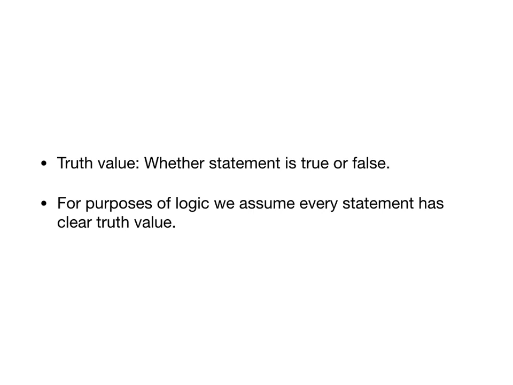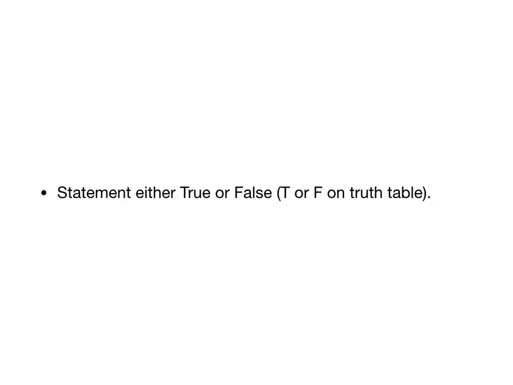Every statement gets a big old T for true or a big old F for false, right? It's one or the other, one or a zero, right? A statement is either true or false, T or F on a truth table, right?